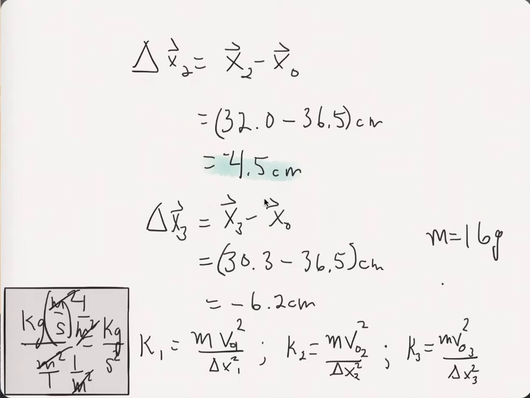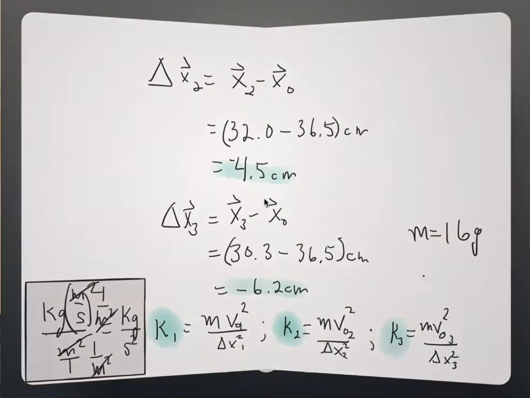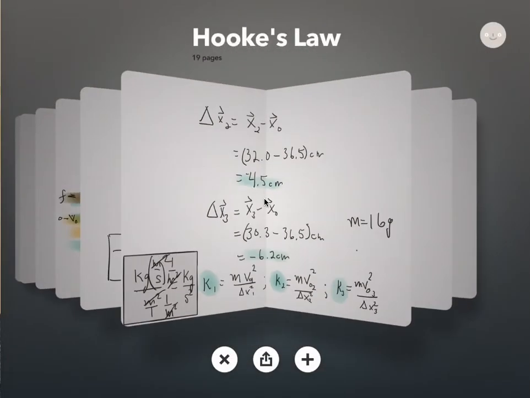And for the third click, it's going to be a negative 6.2 centimeters. So we're going to calculate each one of these constants, k1, k2, and k3, for each one of these positions. What we're trying to determine is whether these constants, not coefficients, are the same given some error, okay? And that's what we're about to calculate.